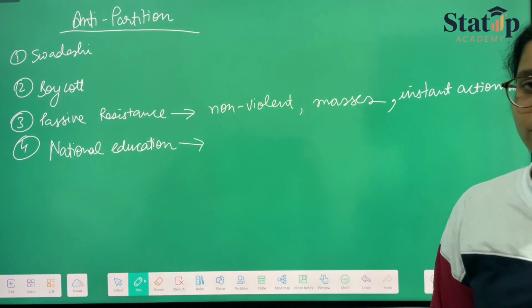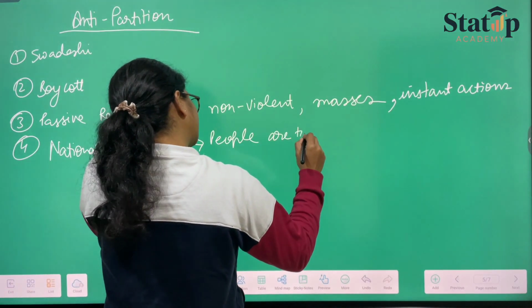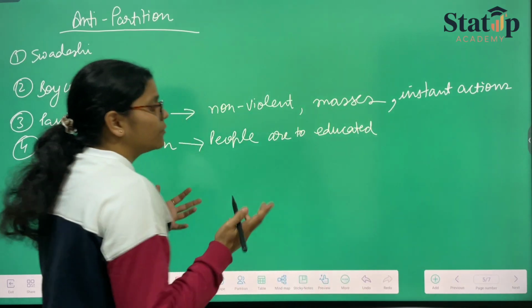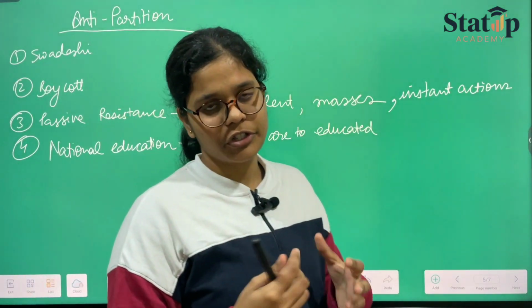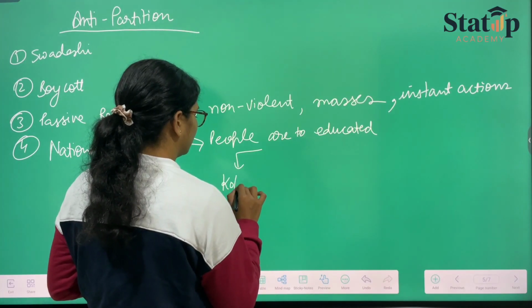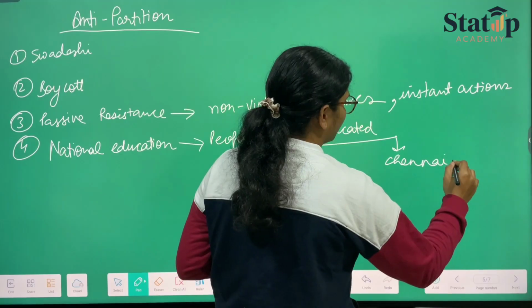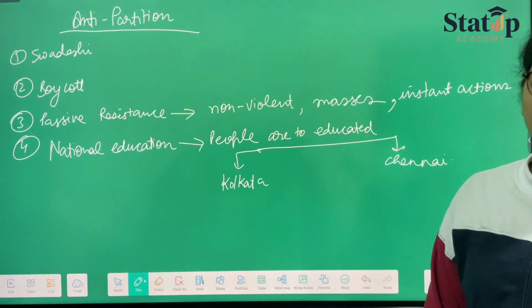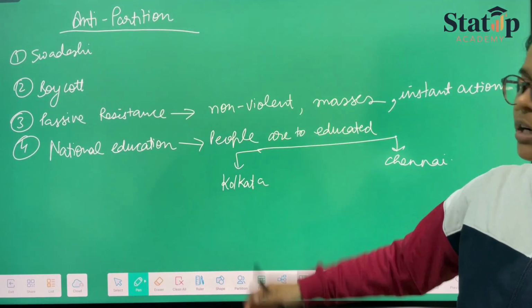When we talk about national education, people were to be educated. Therefore two popular institutions were established, one in Kolkata and another in Chennai: Pachaiyappa's in Chennai, and Bengal National University in Kolkata. So these two things were given.